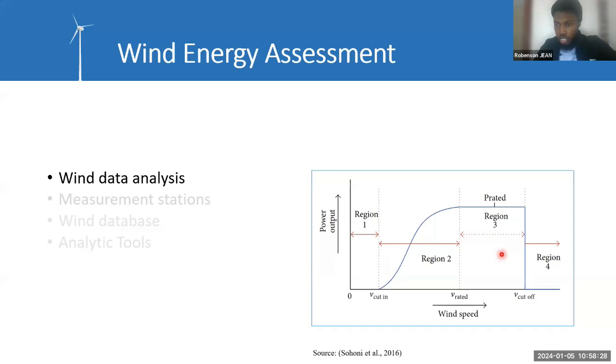In this region, even when wind speed is increasing, the wind turbine will always generate the rated power. But after this region, after the cutoff speed, the wind turbine will be in a flag position in order to stop generating for security purposes.